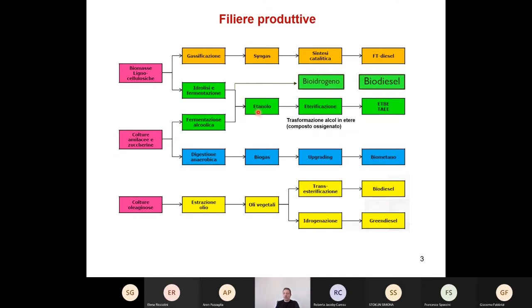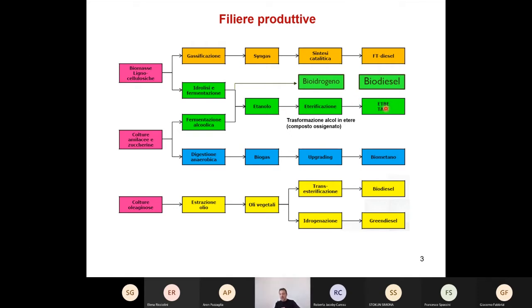So this is the final biofuel, if you want to substitute gasoline in the transport sector. Or you can also proceed to another chemical process, esterification, to obtain these acronyms, which are some gasoline additives.